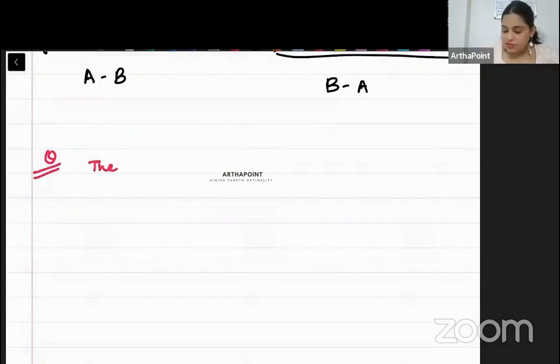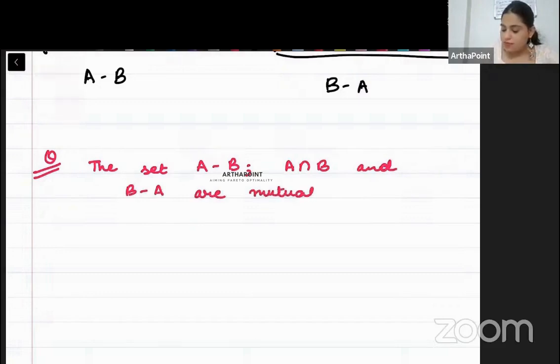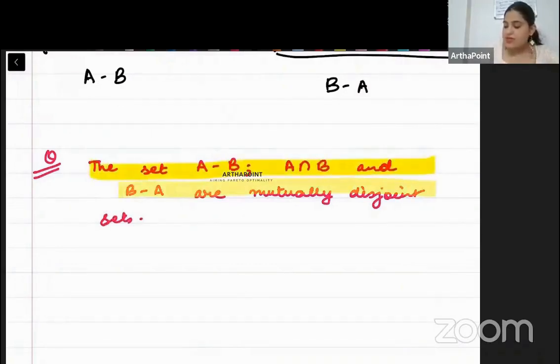The sets A minus B, A intersection B, and B minus A are mutually disjoint sets. You have to tell me whether this statement, that the sets A minus B, A intersection B, and B minus A, whether they are mutually disjoint or not. Is this statement true or false?